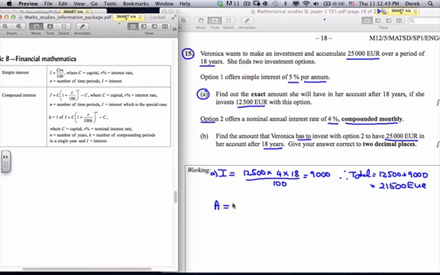The amount that you will have will equal the capital times 1 plus R over 100, and this K is the number of compoundings per year, and then we're going to have Kn. That will give the total amount.